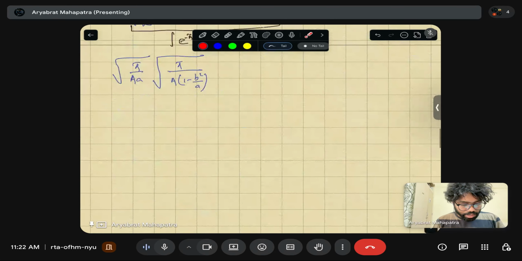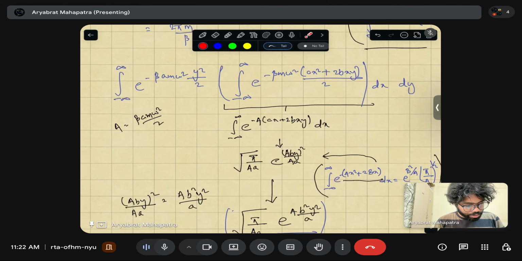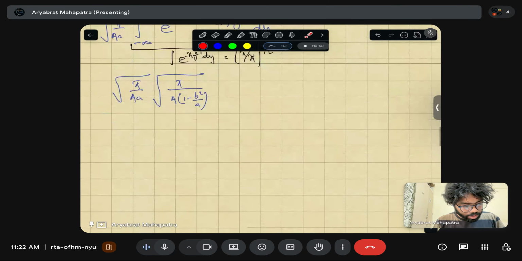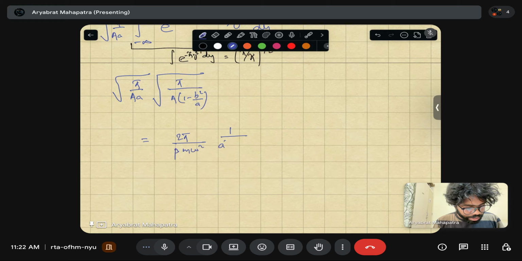And so yeah, if you put everything in the places, you will finally get 2 pi over beta m omega square 1 over a square minus b square to the power half.